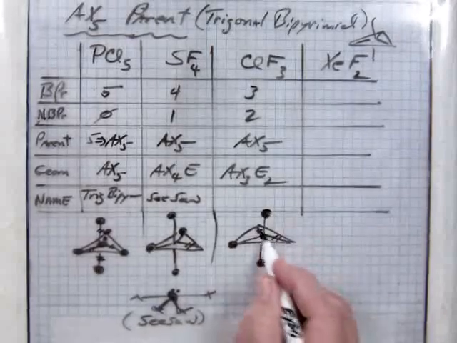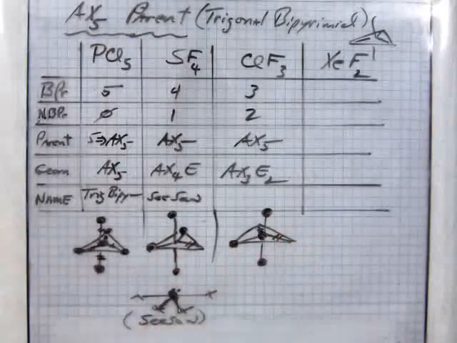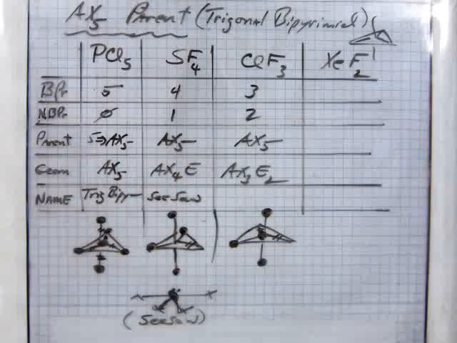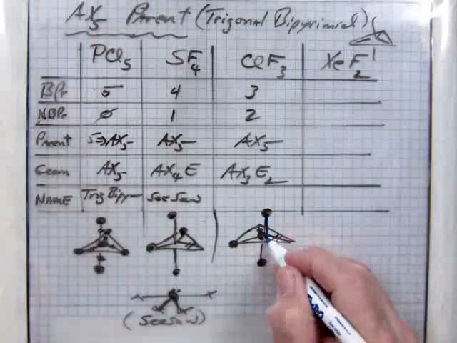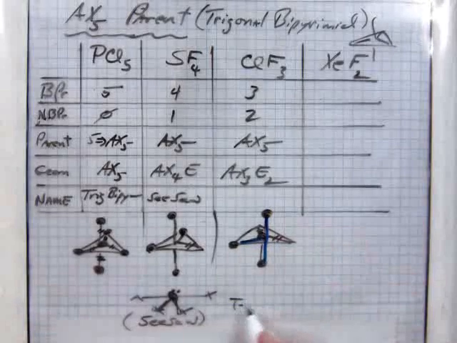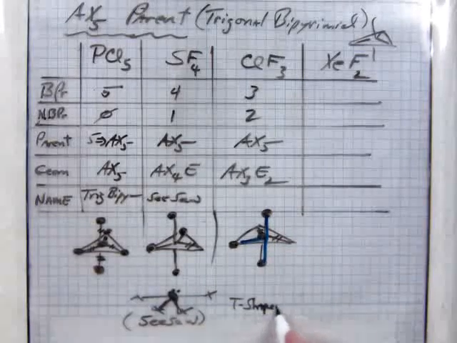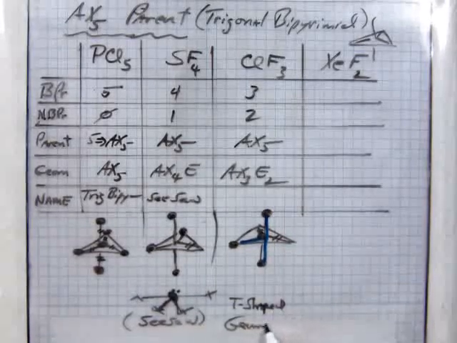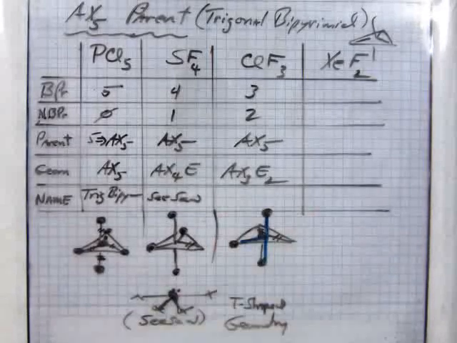And if you look at that, the structure of that is T-shaped. So you can see how it goes in a T-shape right there. And that is an AX3E2.